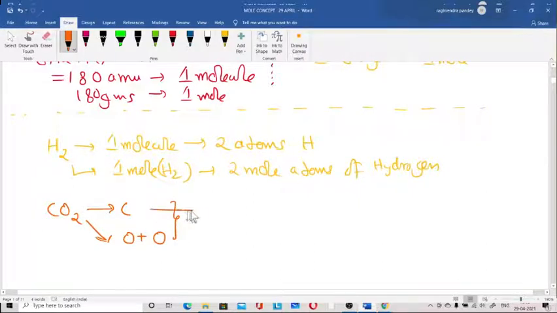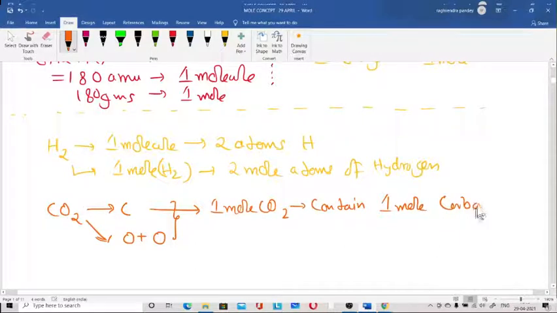Now if I say one mole of CO2, it contains one mole of carbon.